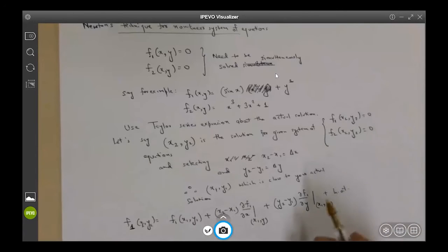So what is the left hand side? It is x2, y2, not x1, y2.